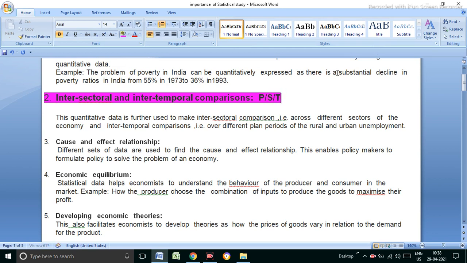These are the sectors we want to study. We want to compare which of these sectors provides more employment. For that we need to study statistics.